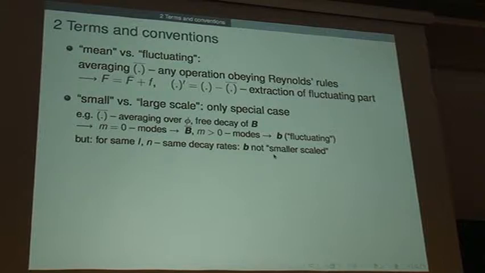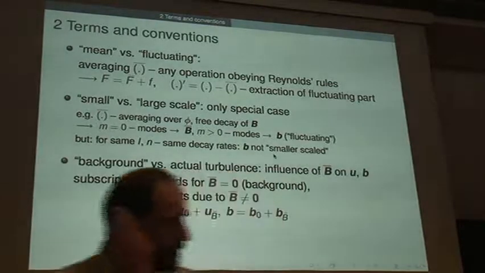With one and the same order of the spherical harmonic and the order of the radial eigenfunction of the decay operator, you get the same decay rates independent of m. So it would not be appropriate to say that the m equals 0 mode is large scale and the m unequal 0 mode is small scale, although they have the same decay rates. If they have the same decay rate, they necessarily have to have the same scale. So be careful with these terms.